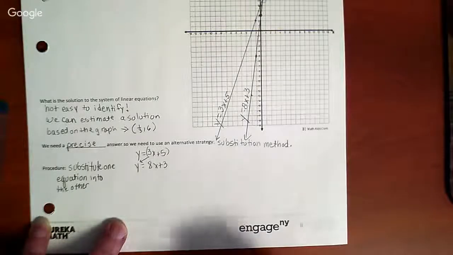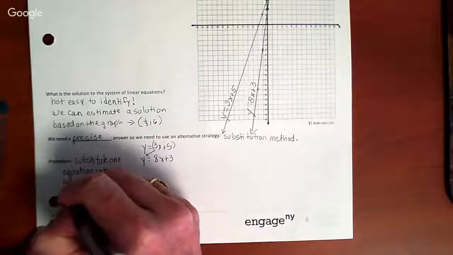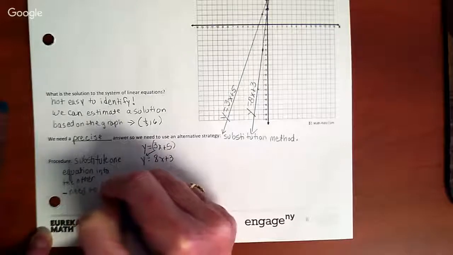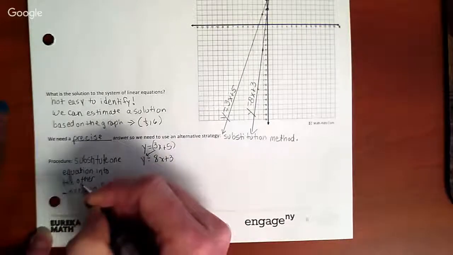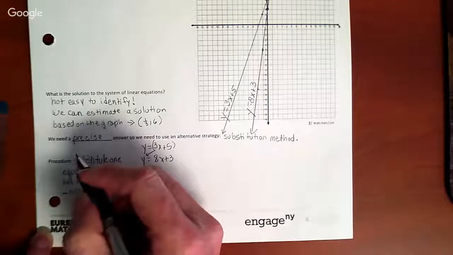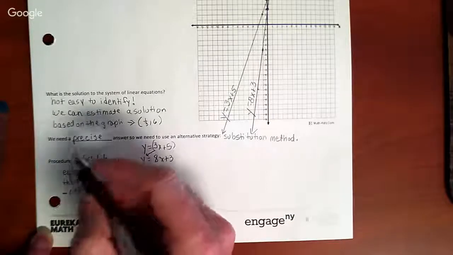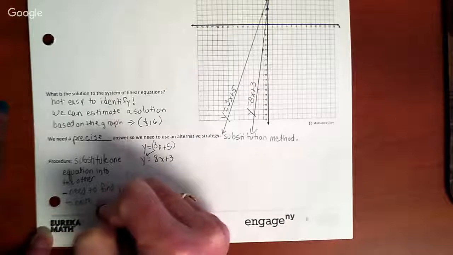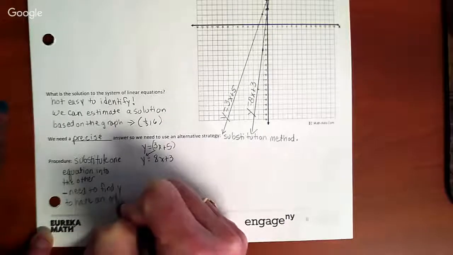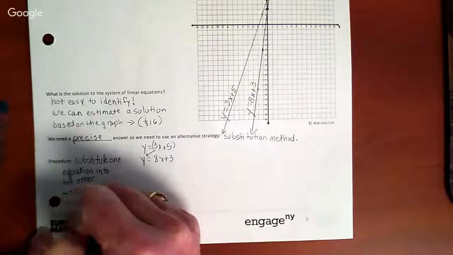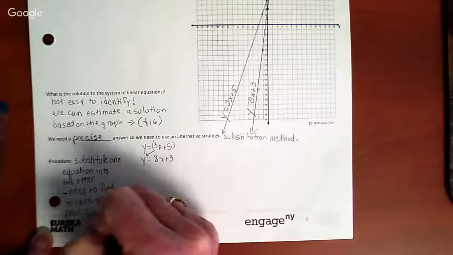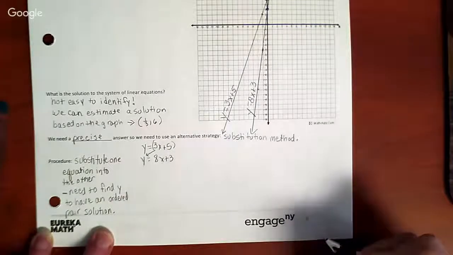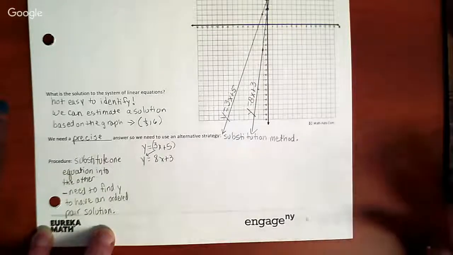And then we are next going to need to find y to have an ordered pair solution. So the first thing that we're going to do is solve for x, basically.